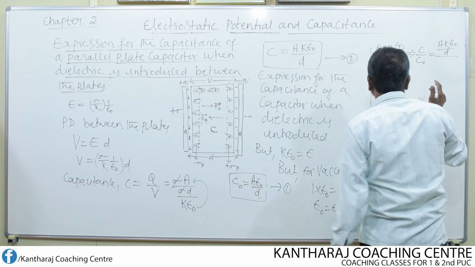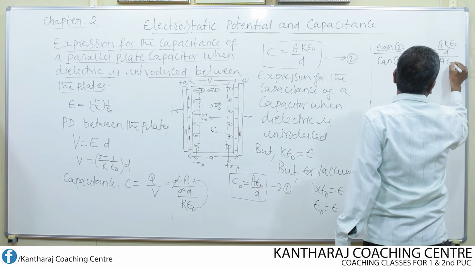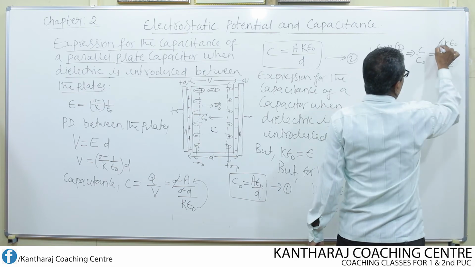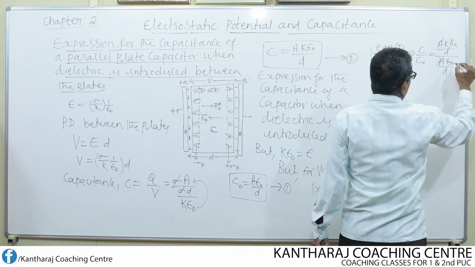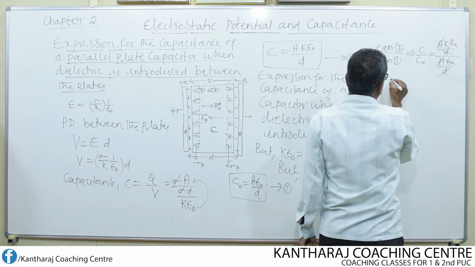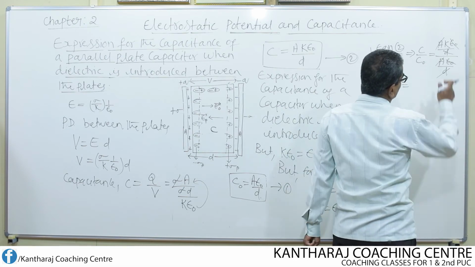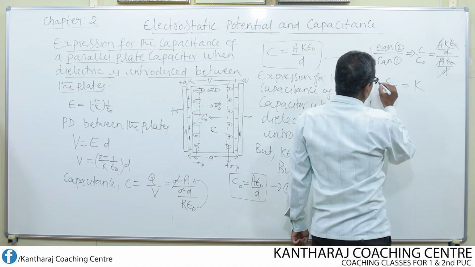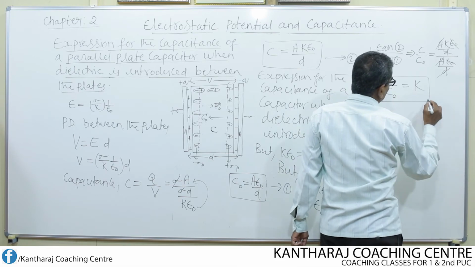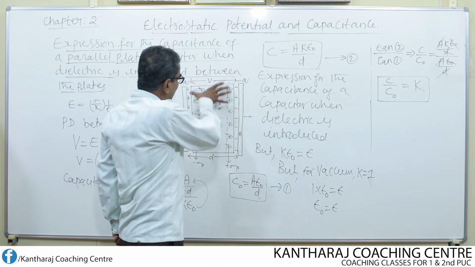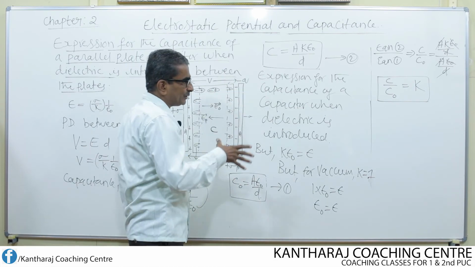C naught is A epsilon naught divided by D. A gets cancelled, epsilon naught gets cancelled, D and D get cancelled. What is left? C by C naught equal to K. Okay. So this is the expression for the dielectric constant of the dielectric introduced between the two plates.